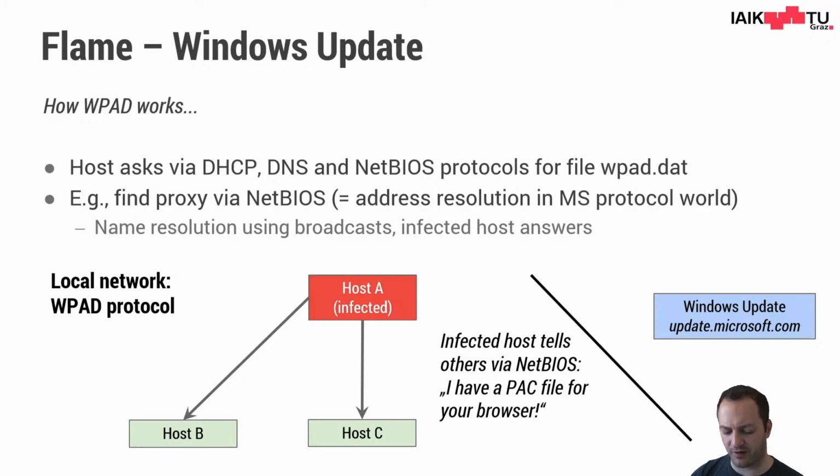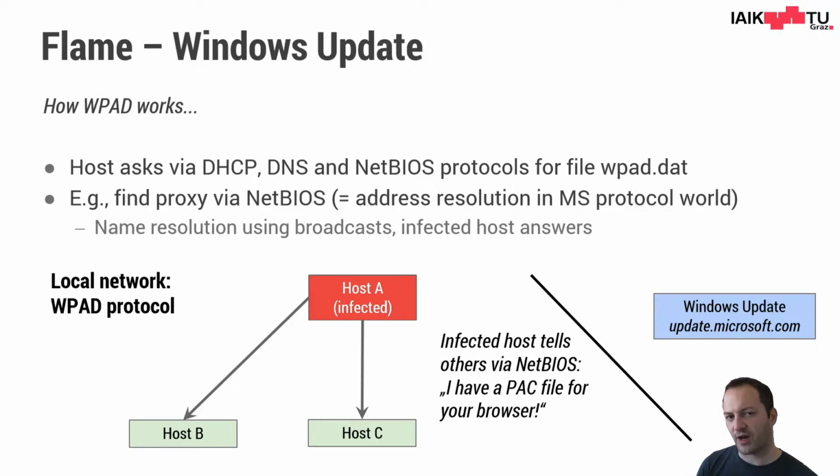And for whatever request to this update.microsoft.com server, it would then go over the attacker's host. So how could you do such an attack? Not only this malware, but it would also be easy for you.